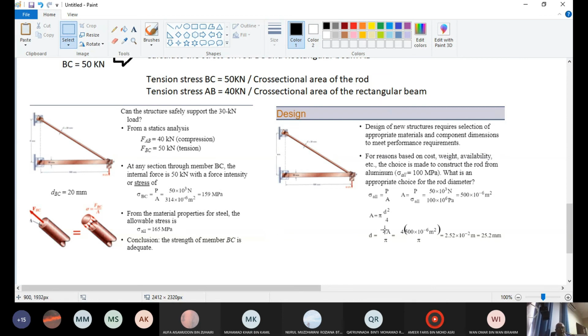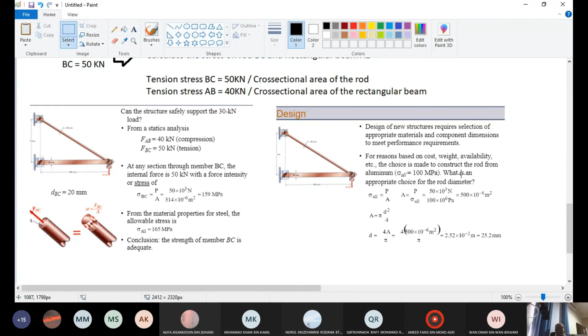So that's how we do things. Remember, as I said earlier, our task is determining the stress in the structure system for each members of the structure. That's first. And then we compare that stress to the strength, which is measured in terms of stress. You can see still here 159 megapascal, aluminium is 100 megapascal.